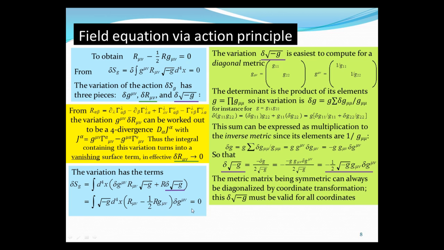Now this variation is 0, and since these are arbitrary variations, the only way to get zero is for the integrand to equal 0, which is the field equation we're looking for. So this is the vacuum Einstein equation derived by the principle of least action.